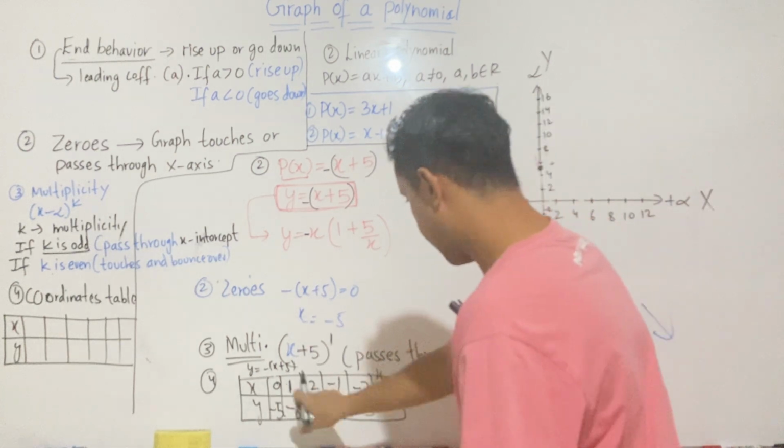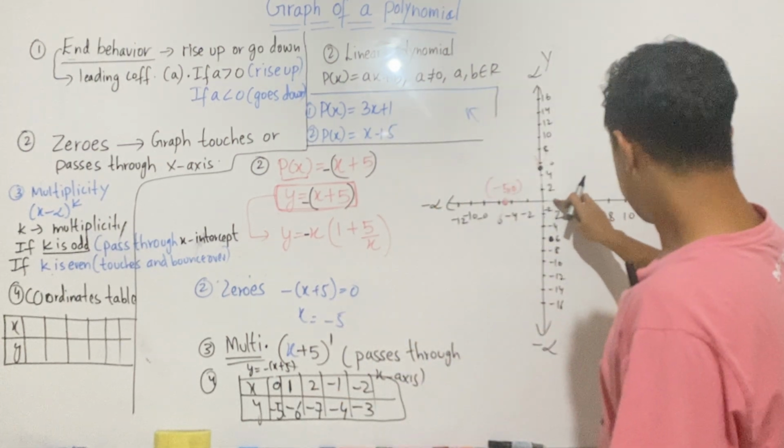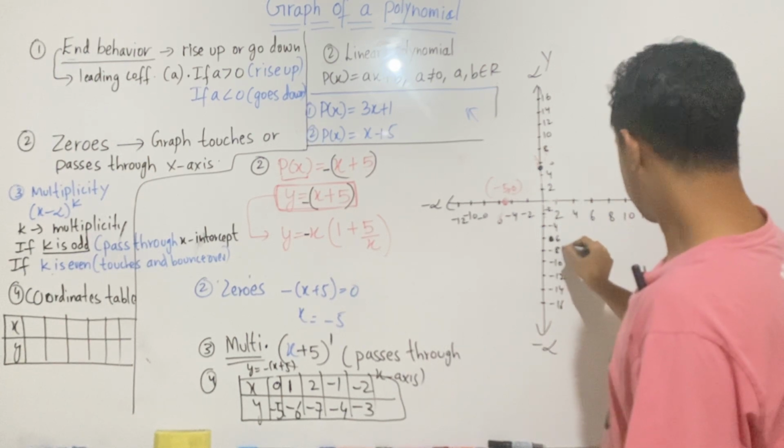Okay, if x is 2, y is minus 7, means this point.